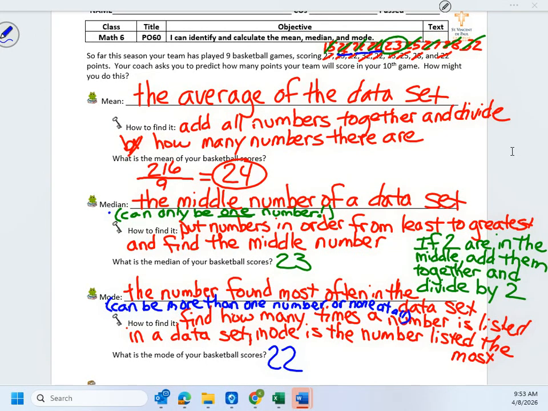There does not have to be a mode. Okay? So you could have, if we had 22, 22, 22 and 25, 25, 25, you go, well, they're both listed 3 times and all the other ones are 1 time. You would put down both 22 and 25. So if two different numbers are listed the most, the same amount of times, list them both. If they're all listed the same amount of times, they're all just on there one time, then you write none.